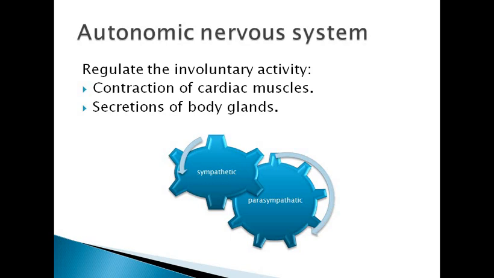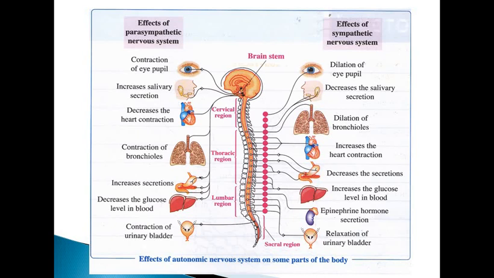The sympathetic controls the emergency state, or it is called the emergency system. The sympathetic nerve arises from the thoracic region and lumbar region.